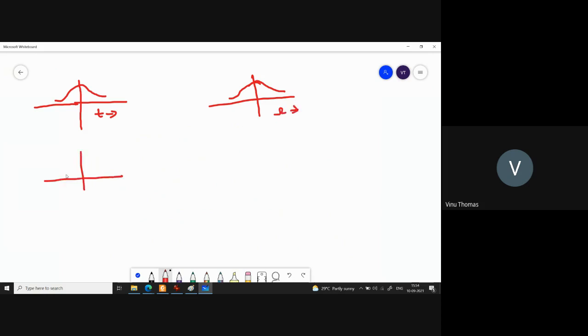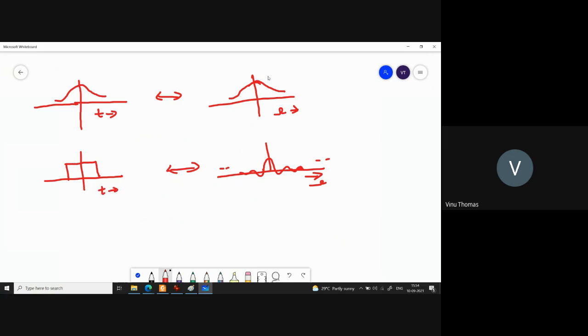Let us look at a square pulse. Later we will prove this. We will see that the square pulse has a sinc function as its Fourier transform. So this is in the frequency domain, whereas this is in the time domain.